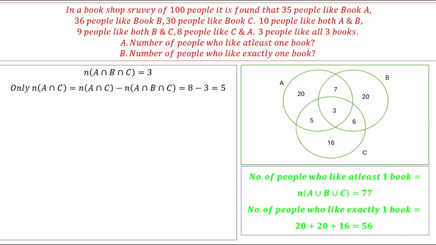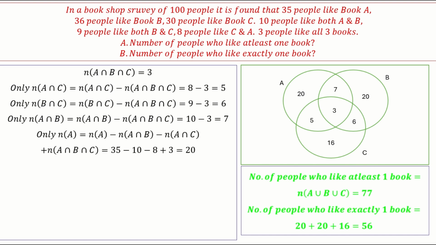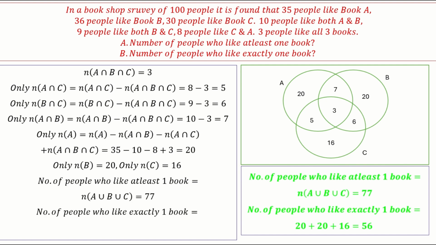So that is 8 minus 3, which is 5. So this is how you will write it, exactly the same way, but you just put it in text form. This is definitely a long method. So the easiest is the Venn diagram as I mentioned. And n of only A is equal to n of A minus n of A intersection B minus n of A intersection C plus n of A intersection B intersection C. So this way you can find out all the values exactly. As I said, the Venn diagram is the best method.